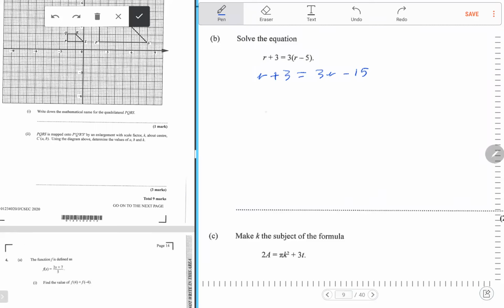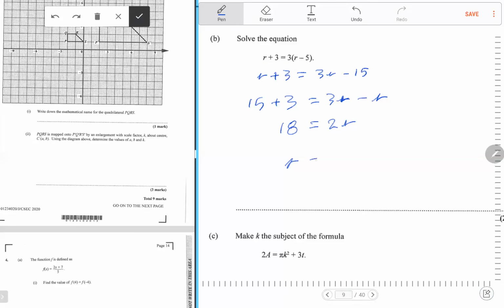So I'm going to get 15 plus 3 equals 3R minus R. Simple stuff. Good. 15 plus 3 is 18, equals 3R minus R, which is 2R. And when you divide by 2, you see that the R equals 9.